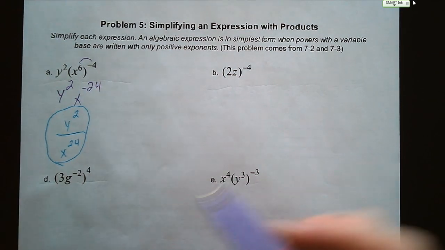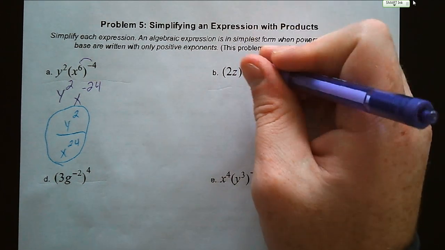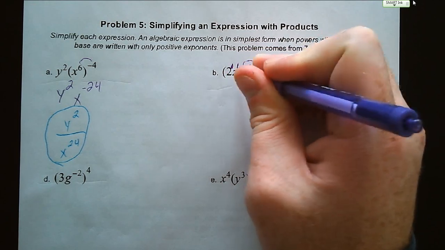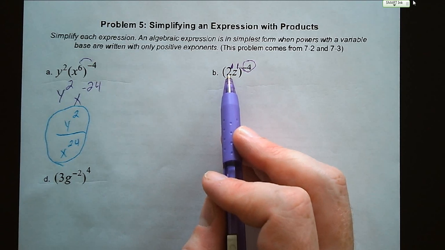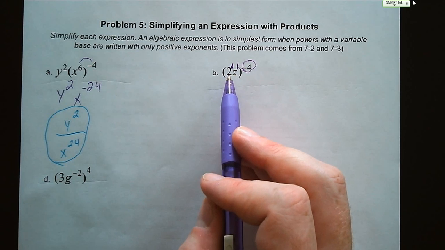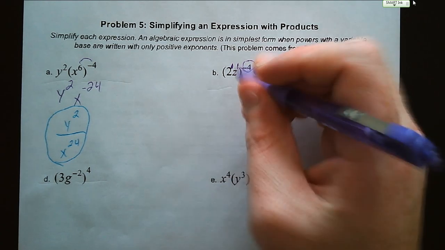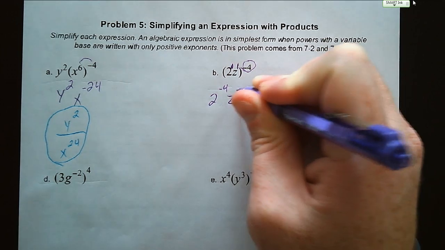Letter B, we have a product being raised to a negative power, so we need to make sure we apply that exponent to each of our exponents that are within our parentheses. Remember, if nothing is written there, we assume that it is an exponent of 1, so it's 2 to the first power and z to the first power. So when we multiply, we have 2 to the -4th and z to the -4th.